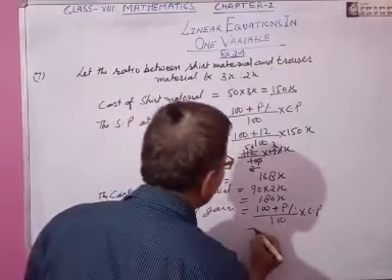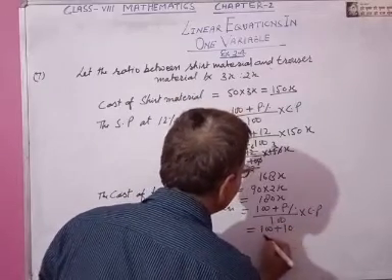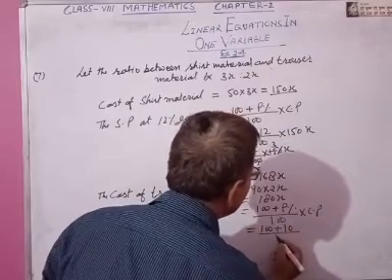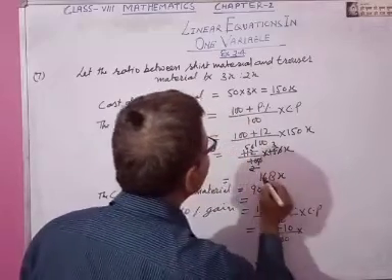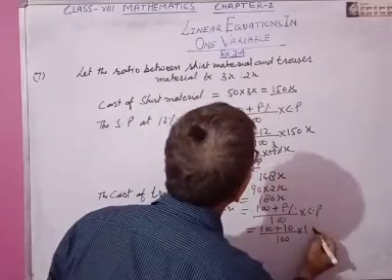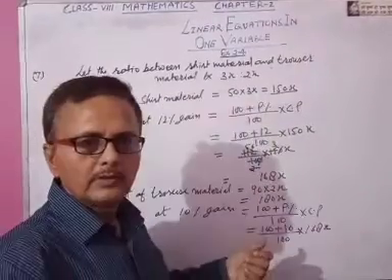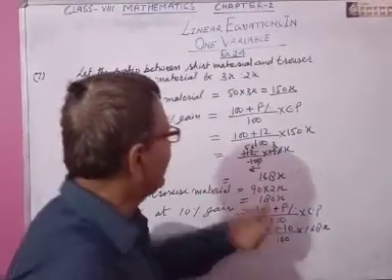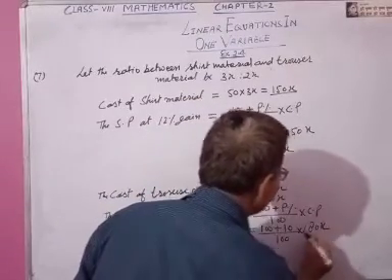Now 100 plus profit percent, here 10, upon 100 multiplied by cost price 180x.